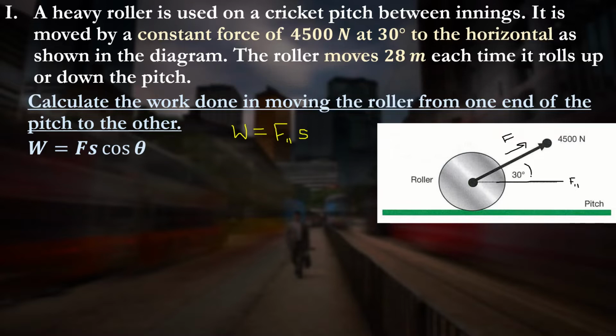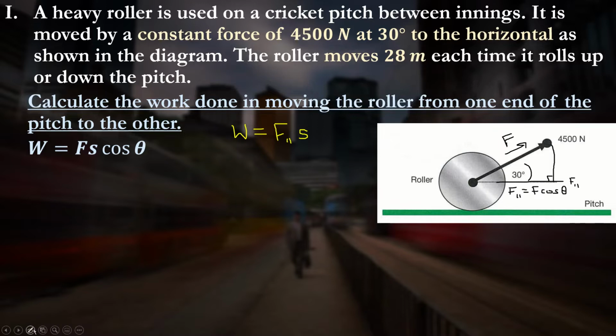Okay, we have an angle, and if we imagine this to be a right angle triangle, the force vector here and the parallel force here, the parallel force is essentially F cos theta.